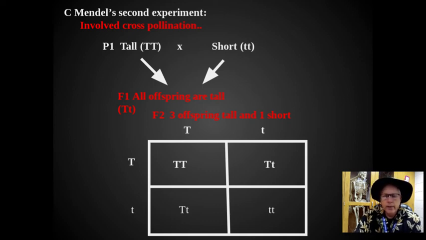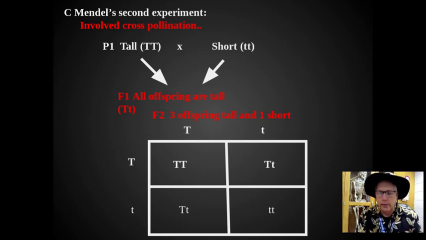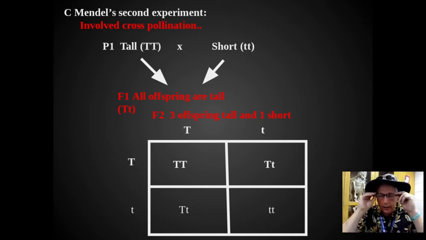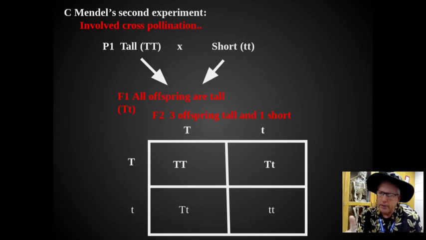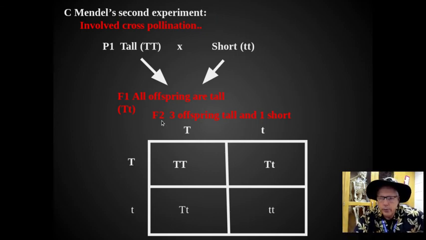Okay? And then he said, that's interesting. So he just assumed a tall gene, or what we call genes now, a tall factor he called them, just basically took over. And it did. It's dominant, right? And then an interesting thing happened when he crossed the offspring together and he got F2s, which would be second generation.